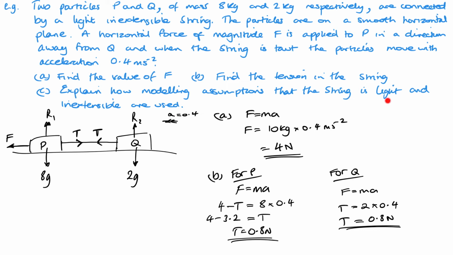Now, it being light means we don't have to worry about the mass of the string coming into consideration. It will also mean that this tension is going to be even throughout. So the tension's exactly the same right throughout the entire length of the string. And that's part C done. So just kind of putting that into words.